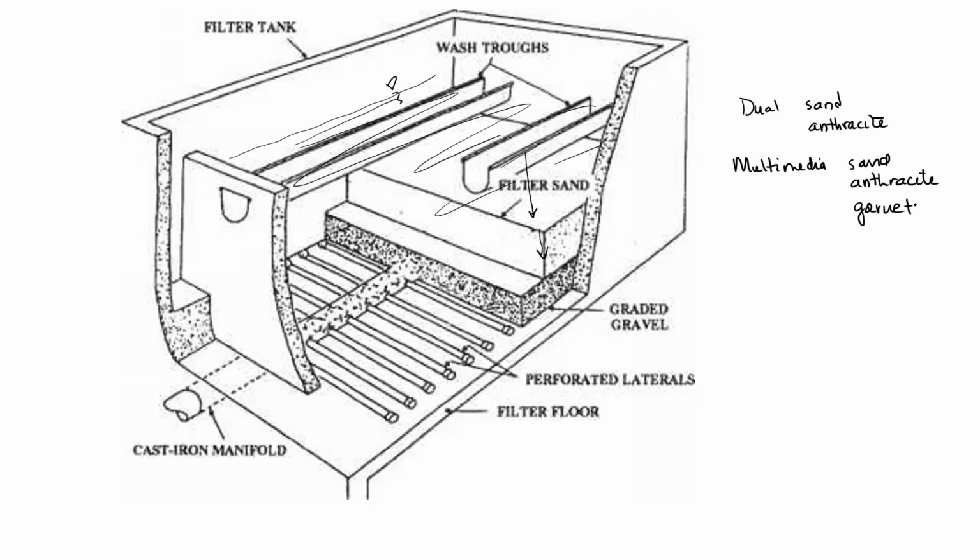Anthracite tends to be larger than sand. It also has a lower specific gravity, so it's less dense. So during backwashing, it stratifies on the top. We want the larger particles of our media on the top and the smaller at the bottom. We want to use as much of the filter media as we possibly can for filtration.